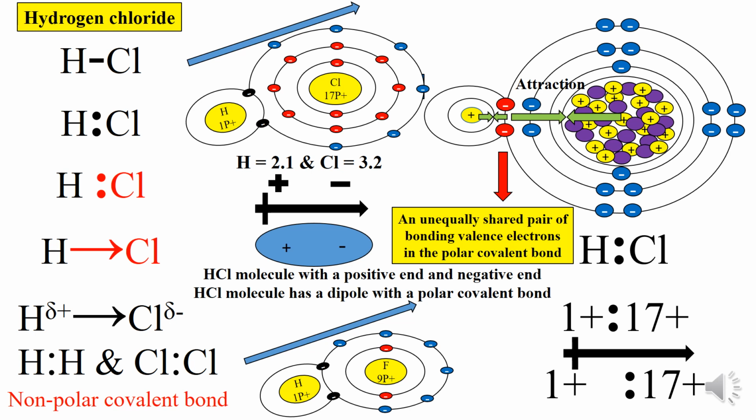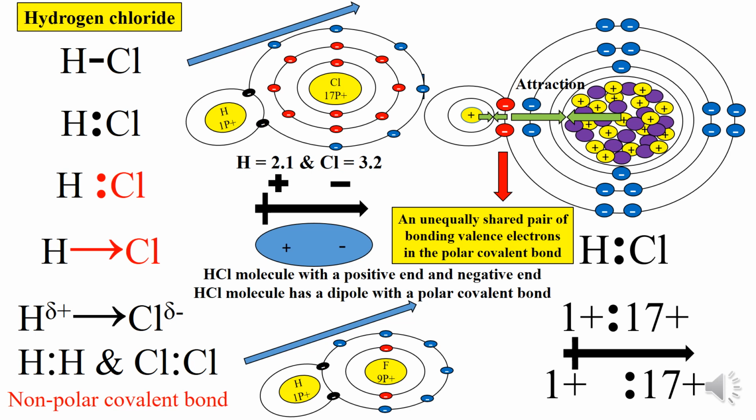And the same explanation can be given in the case of the hydrogen fluoride molecule, with 9 protons in the nucleus of the fluorine atom. So the attraction of the 9 positively charged protons in the nucleus of the fluorine atom towards the shared pair of bonding valence electrons is greater than the attraction of the only proton towards the shared pair in the hydrogen fluoride molecule.